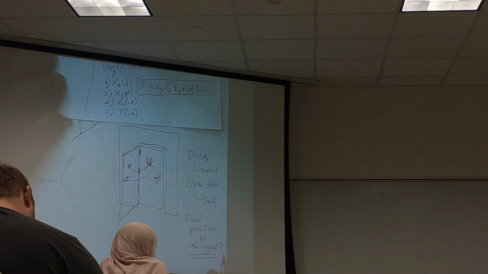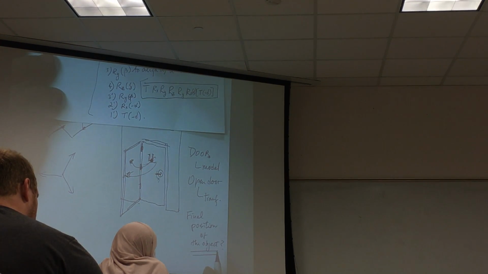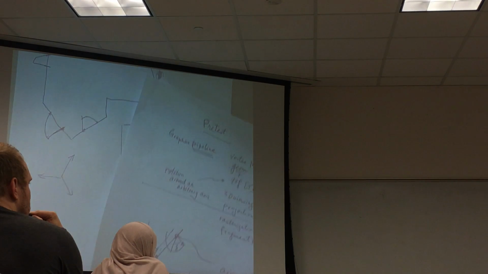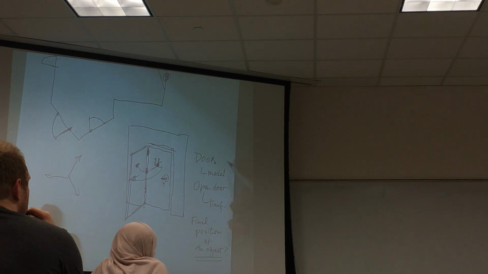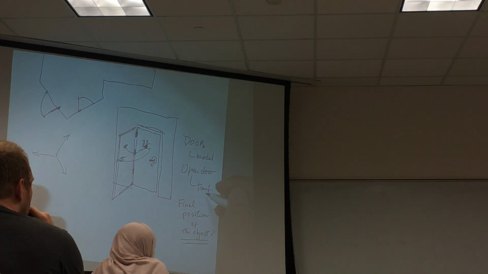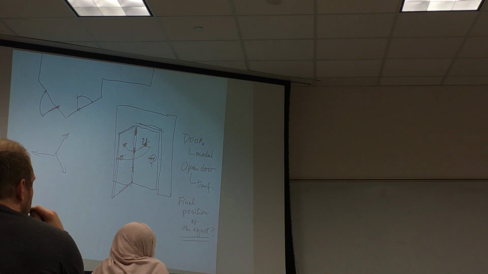So are we required to apply it in WebGL or just on paper? Paper. On paper, just come up with some coordinates for the vertices. Right, you do the modeling, you define the transformation needed, and then give me a position. That means you apply the transformation to a point. Right?